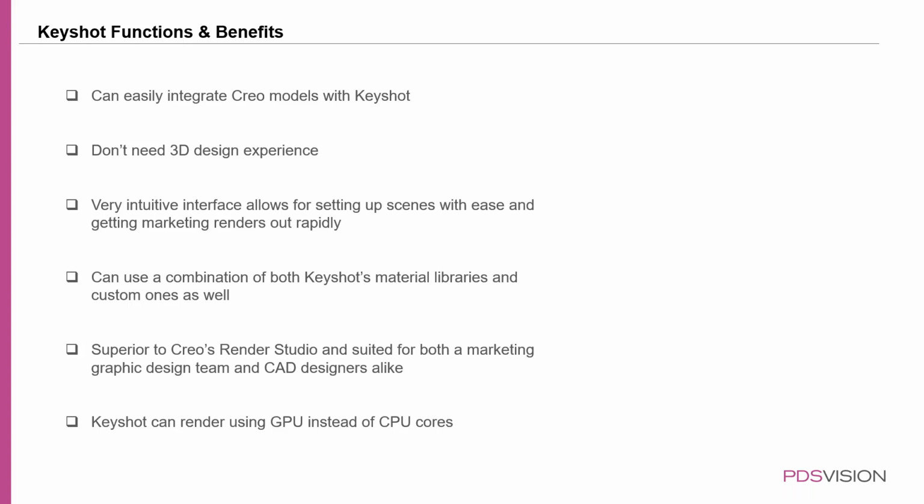You can sign up with Luxion and you can get access to thousands of other materials that are in their cloud and download them right into the software. But you can also use custom made materials and textures as well. So high resolution photographs, and yes, even logos and labels. So you can use a combination of both of those in KeyShot as well.